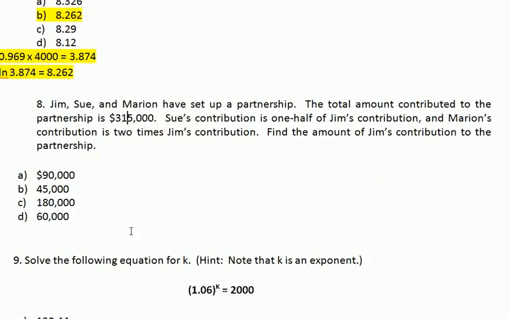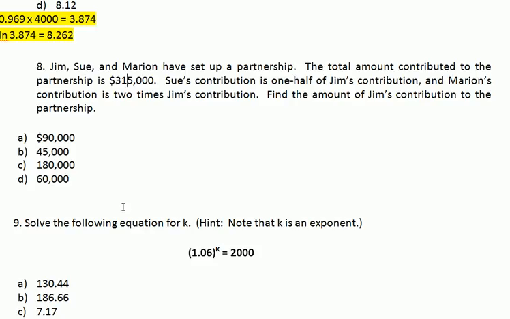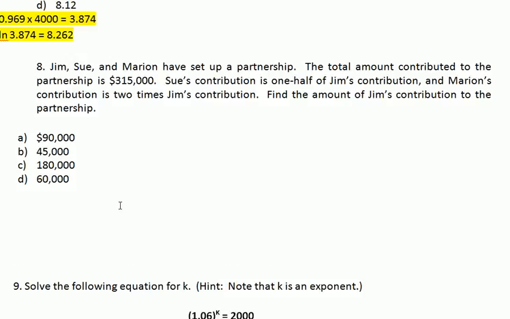Okay, now this is the next question, question 8. We have three people who have set up a partnership. Let's call them J, S, and M for short. Each of them has contributed some money to the partnership, but the amount they've contributed, we don't know.